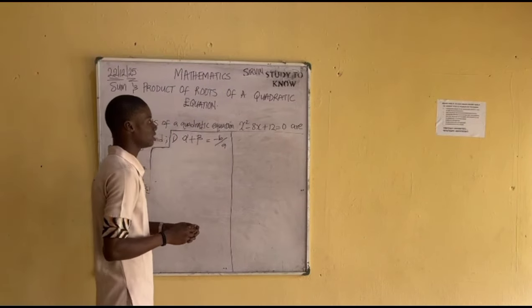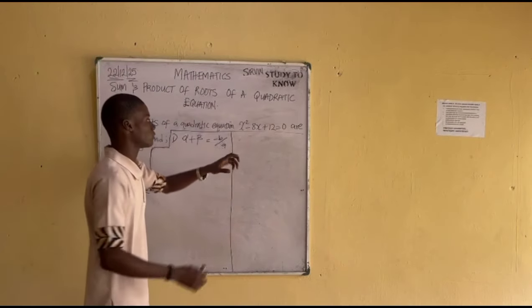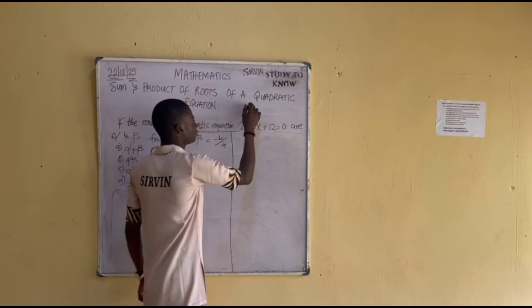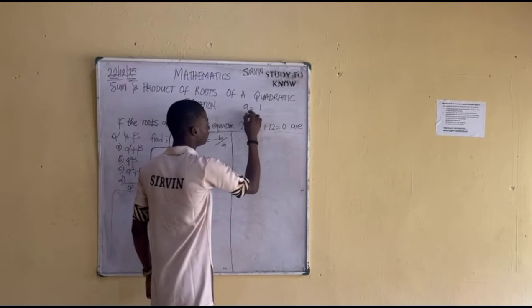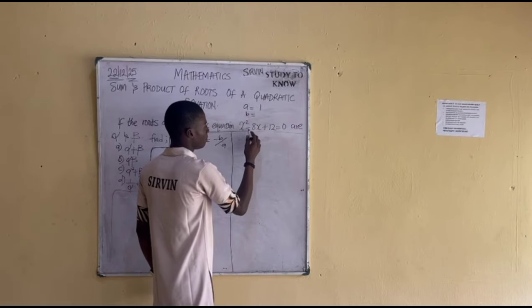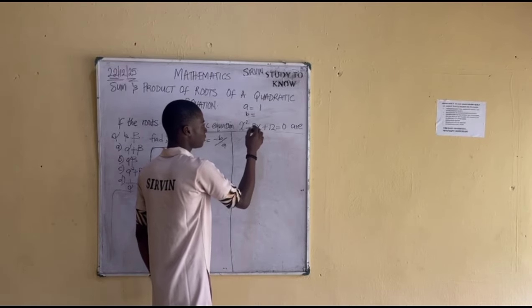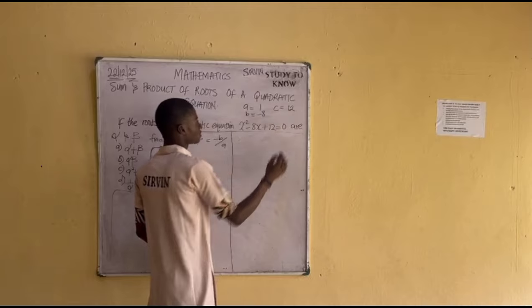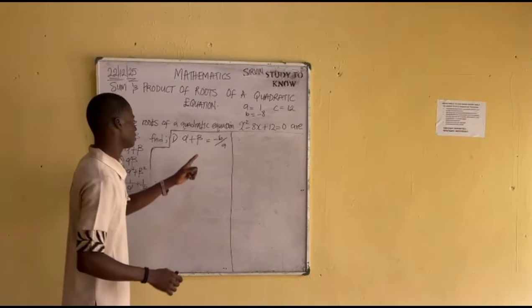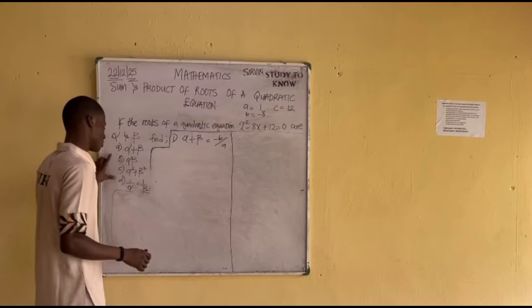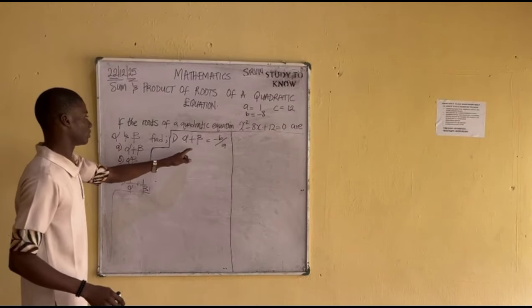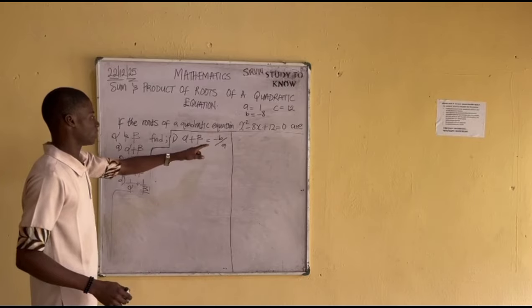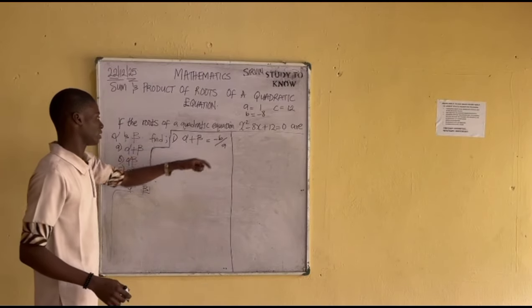After I said, if you are given a question, the first thing to know is A, B, and C. In this question, A is equal to 1, B is equal to minus 8, not 8, minus 8, and C is equal to 12. So since I know A, B, and C, I can easily solve these questions. First one, alpha plus beta is equal to minus b over a.